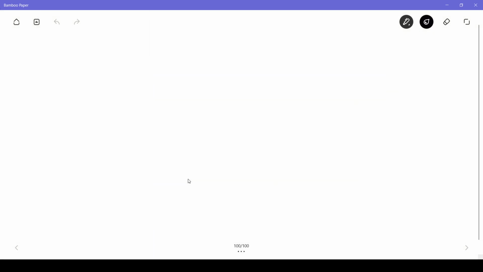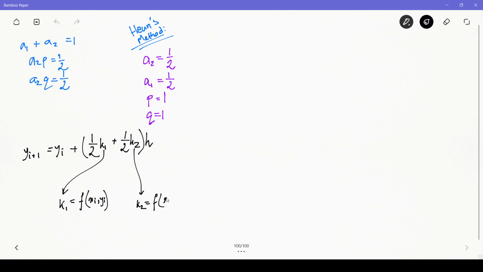So our k2 is x sub i plus h, which is basically x sub i plus 1, same thing because we are progressing by a step size of h. And we have the approximation of the y value at that point, which is y sub i plus k1 times h, where k1 is of course this one. This thing is being used over here as well. Fine. So let me write the bracket a bit more concisely. So these two are our slope values.